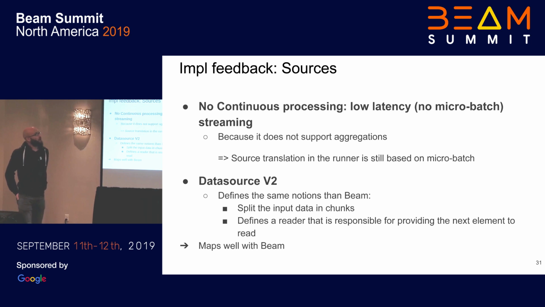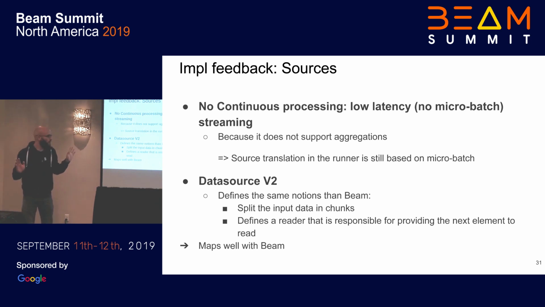An easy one, sources. I said in the introduction that there was in the Spark structured streaming framework a continuous processing mode for low latency streaming pipelines. But as I said, it doesn't support aggregations, so we're not using it. We're still using microbatch based sources. There are microbatch based sources in Data Source V2, the new API of Spark.